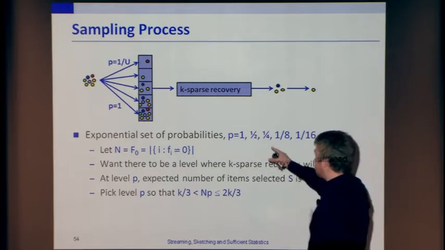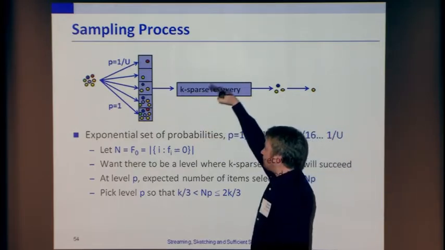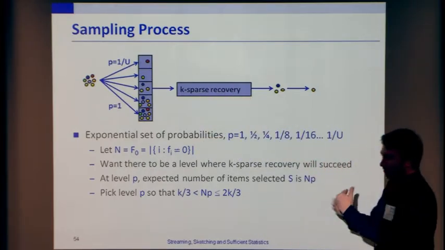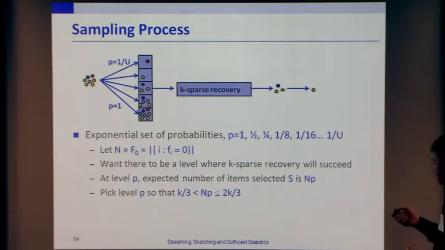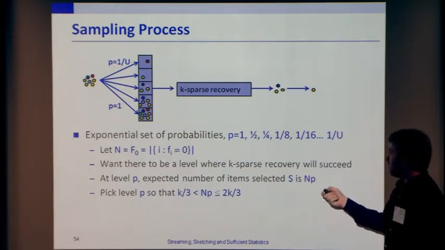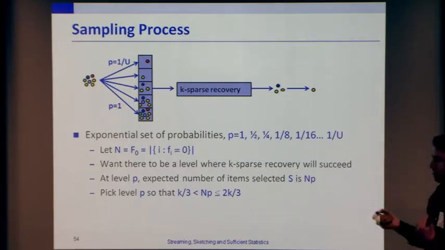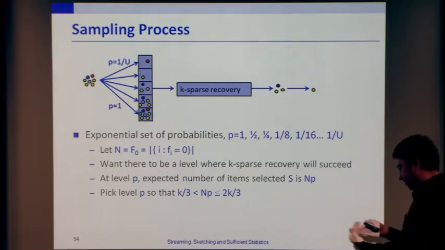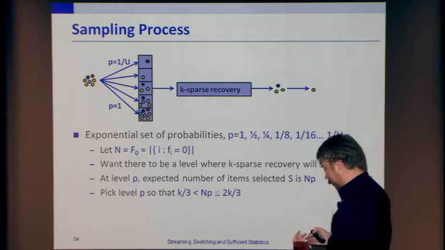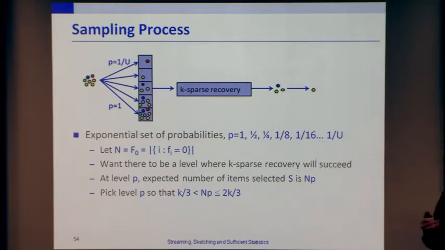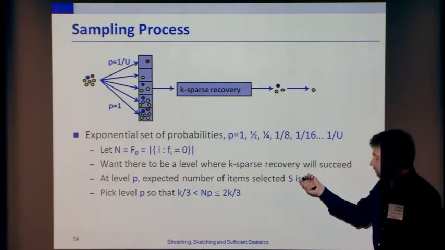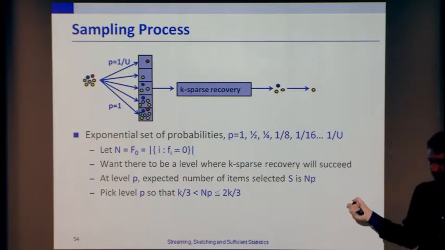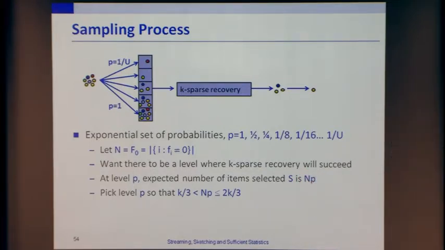So this is going to work out if there's some level where that sampling probability is small enough that I get a vector with at most k non-zeros in it, but not so small that that vector is a 0 vector, right? So that's the only game I'm playing. I want to argue that I can sample fine enough that I get something that's going to fit into my recovery structure, but not so fine that I actually lose everything.